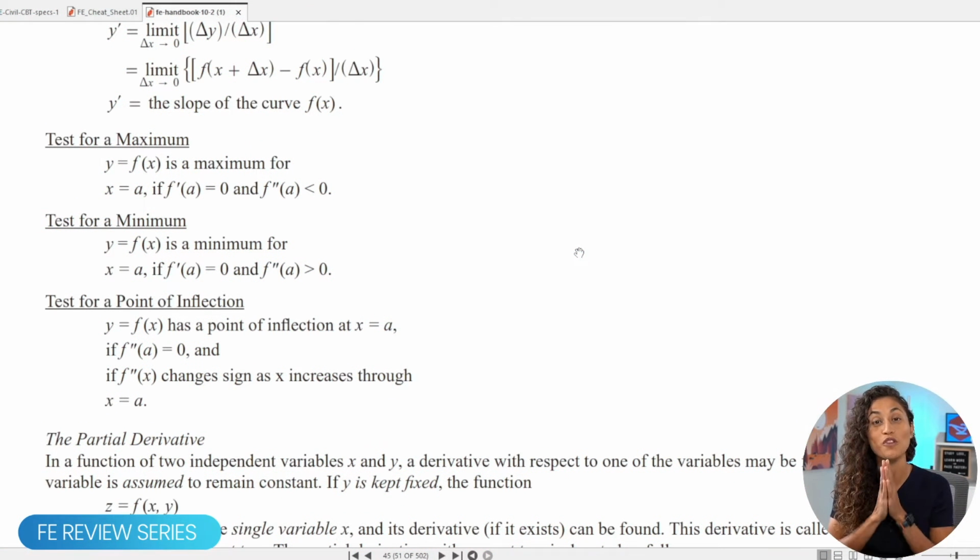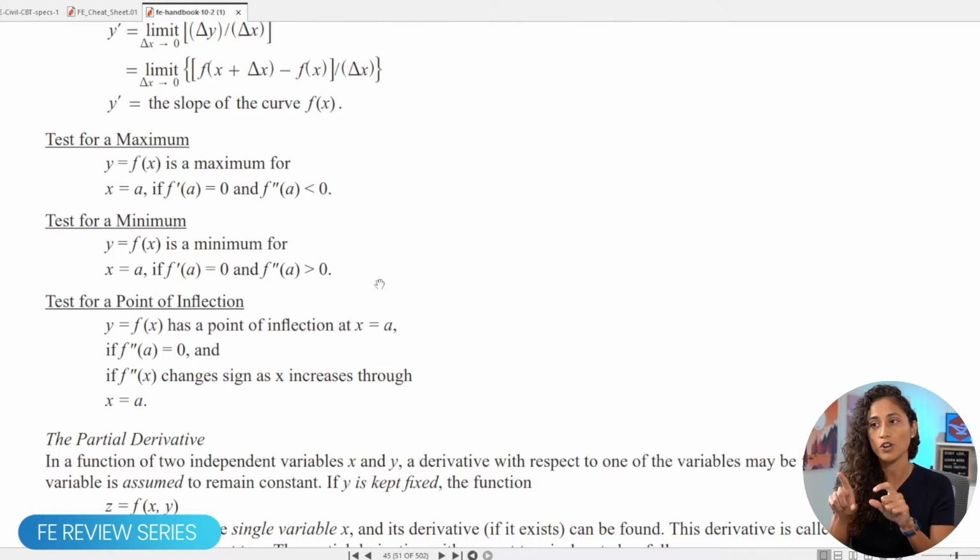If you go to the reference handbook under the math section, you are going to see that they're giving us steps on how to determine if we have a maximum or a minimum. This is usually known as the second derivative test. I'm also going to walk you through the first derivative test at the end of this video.